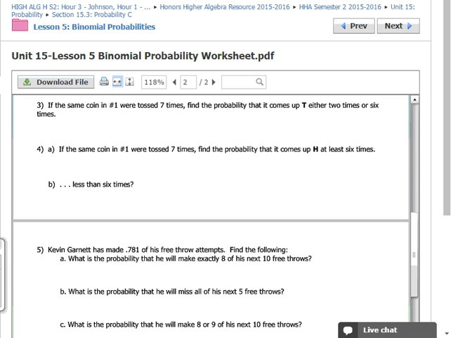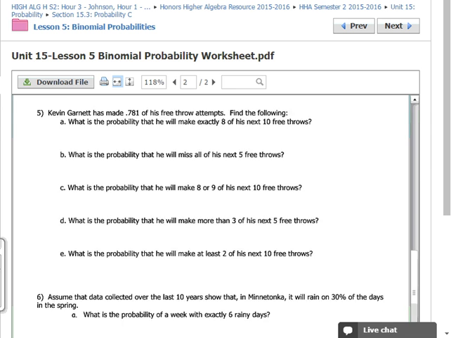I'm going to start on problem 3. It uses the same data from problem 1, but it'll save you a bunch of time. And the ones that are really challenging are the ones like the Kevin Garnett question, number 5. He'll make exactly 8 or 9, like part C, 8 or 9 of the next 10. He'll miss all.